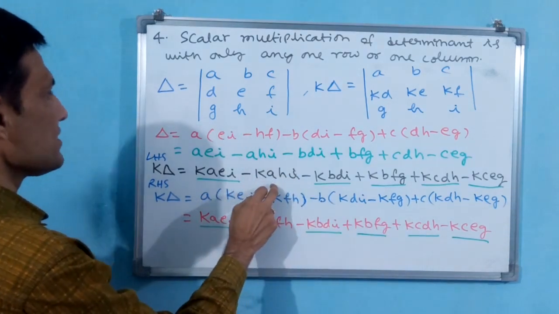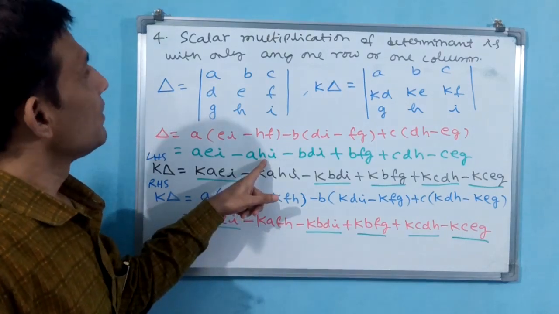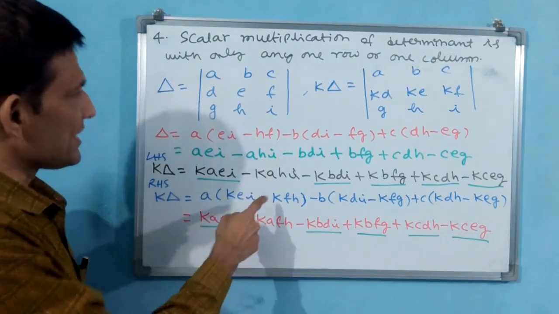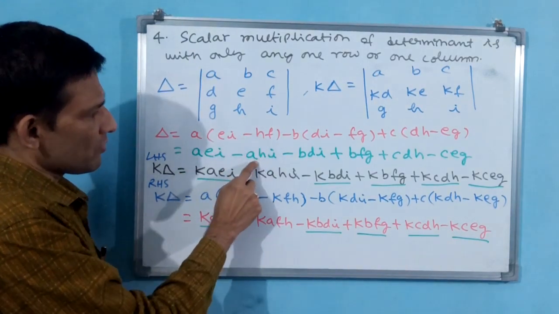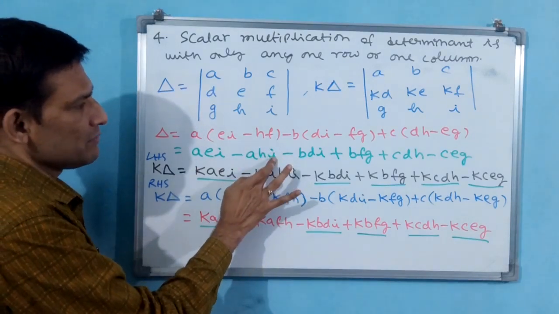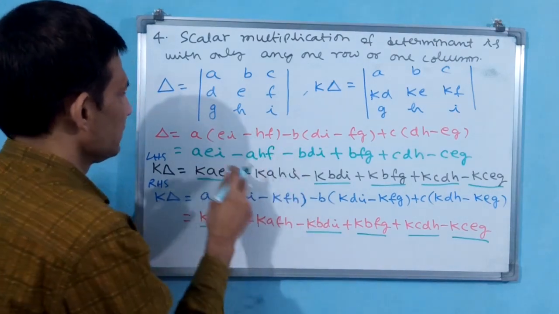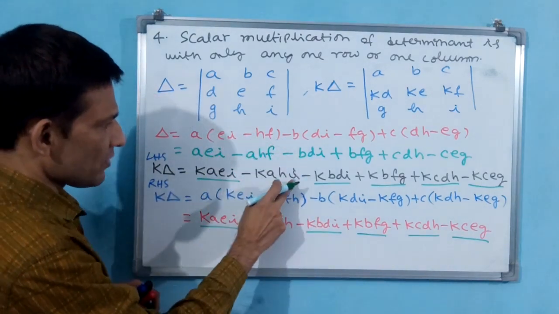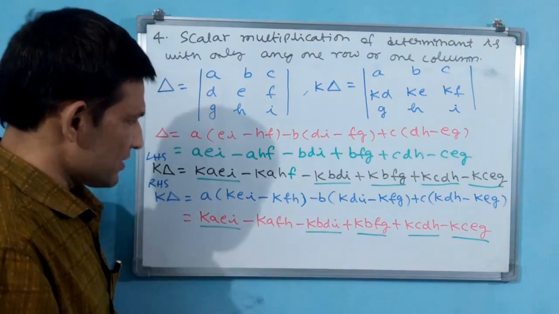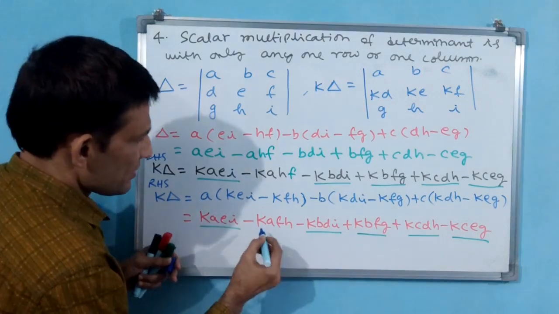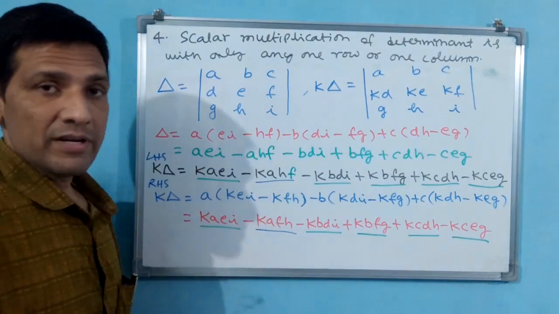Let us see again why it has not matched. We have made some mistake. You see, AEI okay, but AHF we have written as AHI. This mistake we have made. That is why I am correcting this. AHF, this one. If it is AHF, then automatically this is going to become KAHF. KAHF and KAFH both are same. We can say this has been proved.